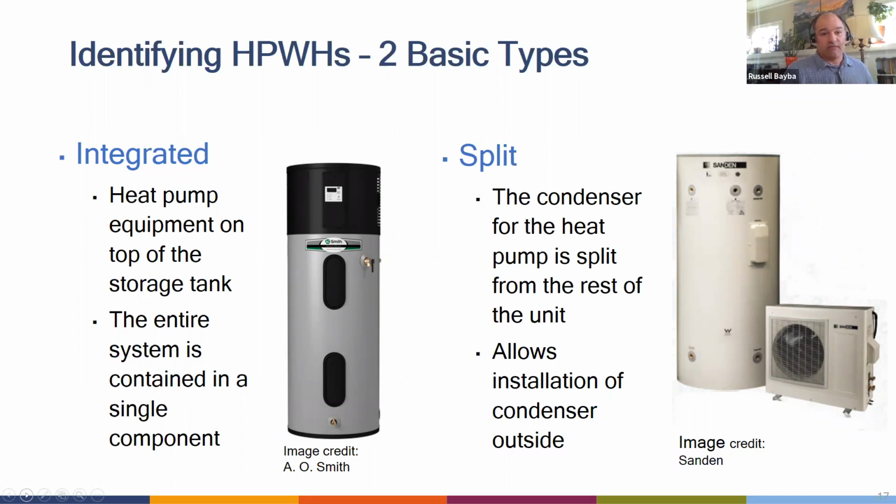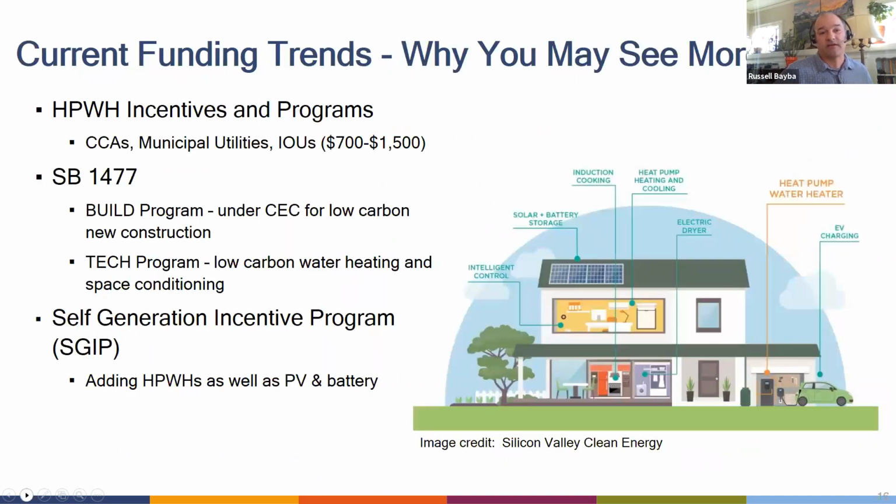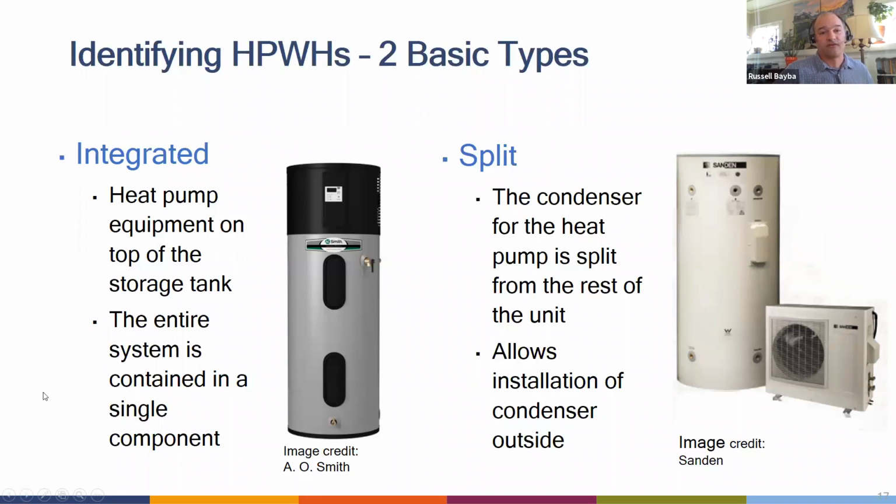The one on the left, the integrated, usually sits in a garage. It can be in an inside closet, and everything's contained within it, much like a gas furnace, sorry, gas water heater. What's different about the split system is that the condenser can be on the outside. So it has different applications.